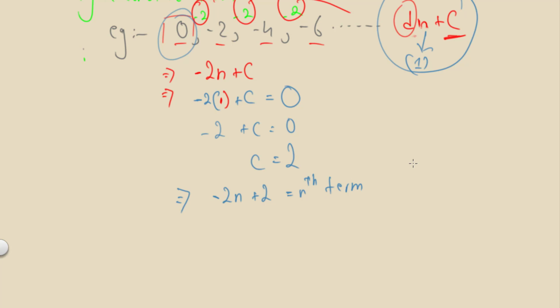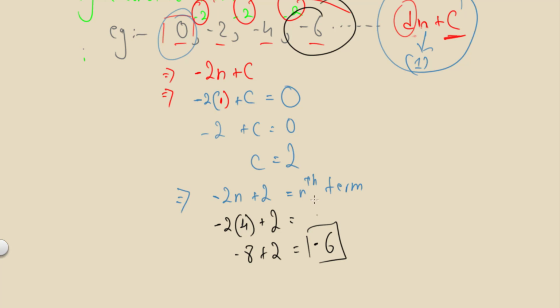Which term are we talking about? First, second, third, fourth. So let's just try this out. I know that my fourth term is -6. So if I plug in 4 in place of my n, I should get -6. -2 times 4 is -8, plus 2. -8 plus 2 is, of course, -6. And you can then use this to find any term you like.